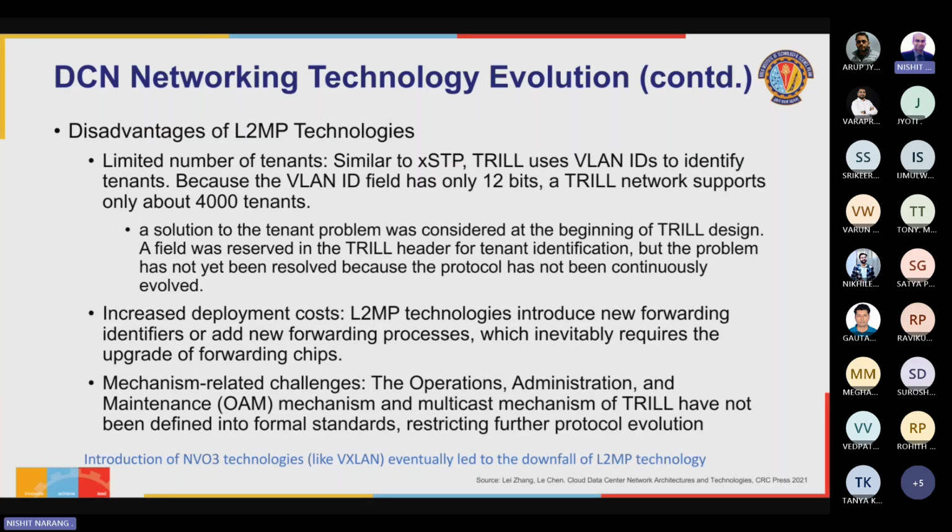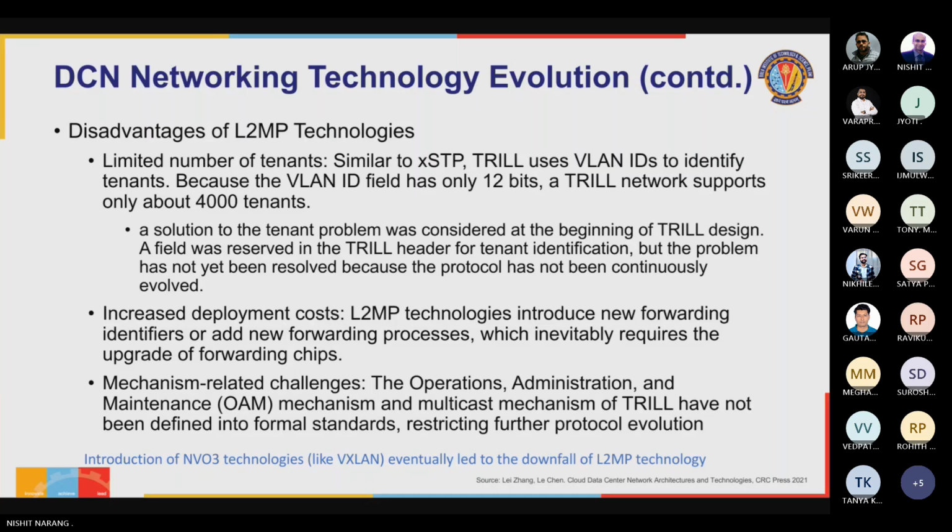L2MP can do this because we still have that concept of VLANs that I can create on top of my layer 2 networks. Trill is still a layer 2 plus plus. It doesn't do away with the layer 2 protocol. So VLAN is still a layer 2 protocol that exists. I can use the VLANs to create virtual networks for different tenants that I have.